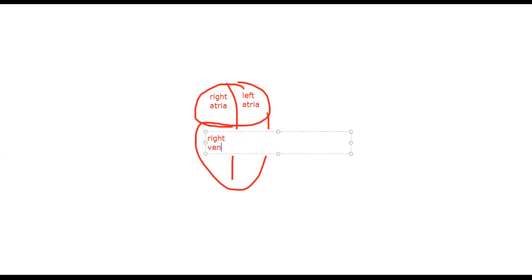The actual difference we'll learn in the body fluids and circulation chapter. Then this is the right ventricle, and this is the left ventricle. So there are four chambers in the heart.